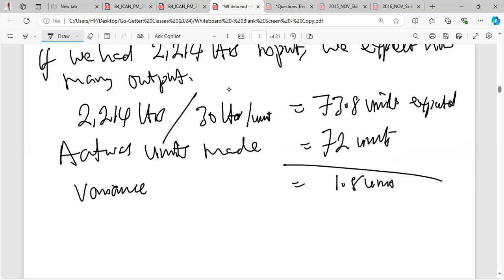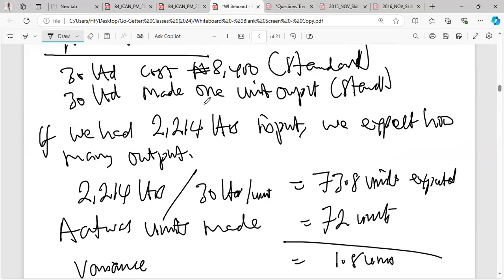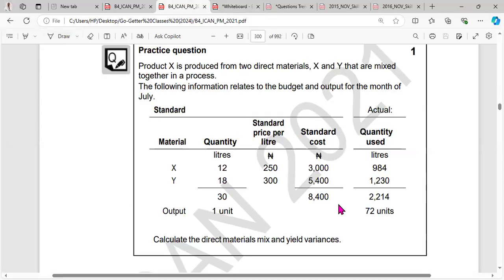Now, standard price per unit. What's the standard price per unit? This is the standard cost per unit, 8,400 for 1 unit of output.